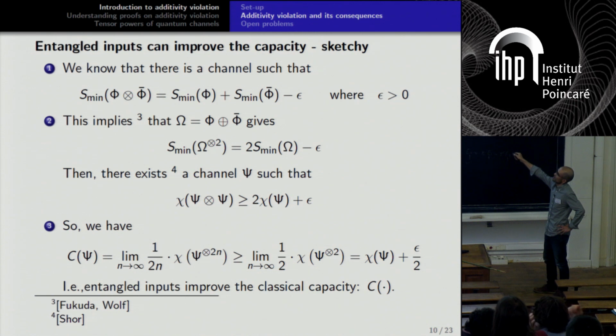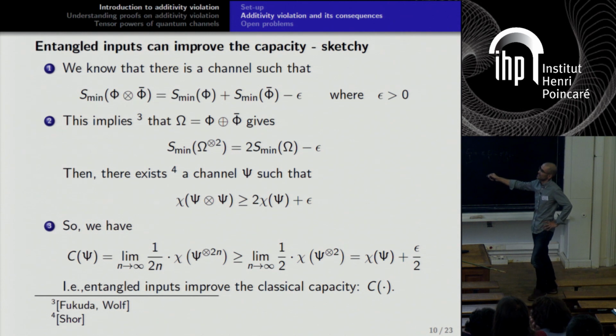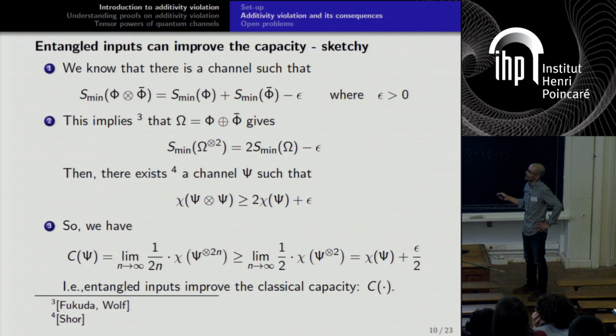I'm sorry, maybe this is equal. Sorry, this is equal to 2 chi of psi plus epsilon. Anyway, then what is the capacity of quantum channels? As I said, we can regularize this Holevo capacity to get the capacity.